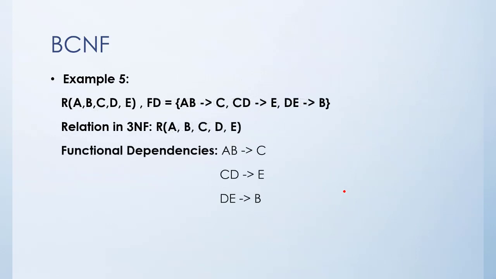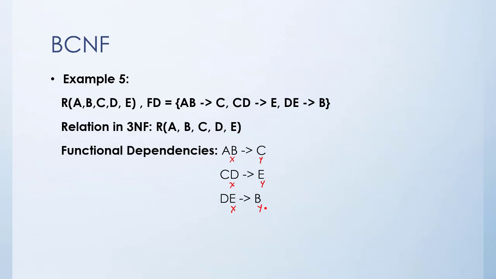BCNF says that for each and every functional dependency, this is my X, this is my Y. Now, is any one of the functional dependencies trivial? No, it is not. Now, is AB a super key?